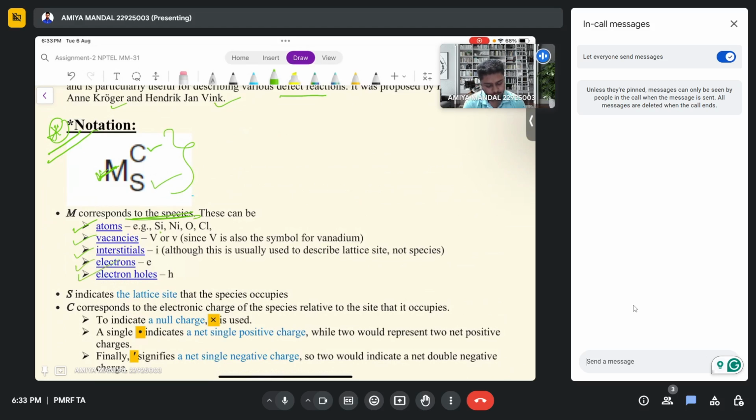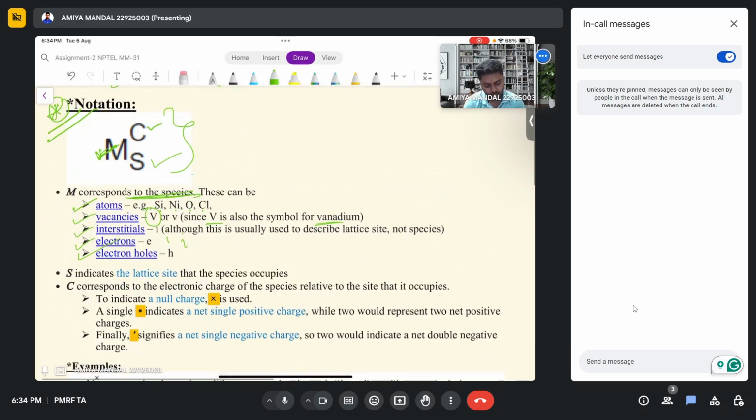Atoms like silicon, nickel, oxygen, chlorine. Vacancies can be expressed as V in M, and small v also, where V is the symbol of vanadium. Interstitial you can express as i. And for electron, e.